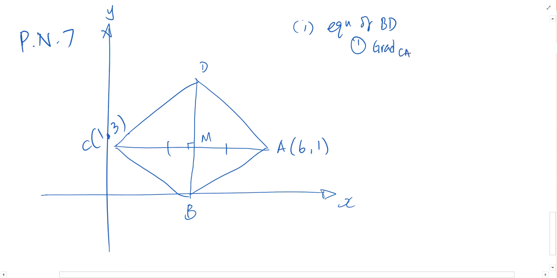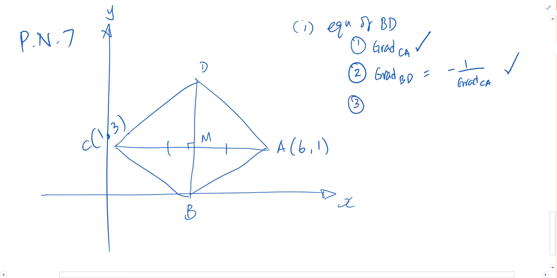Gradient of CA, yes? All of you able to find gradient of CA? Okay, so once that is done, what do we want to find next? Okay, so gradient BD equals to -1 over gradient CA, right? So we can find this. Okay, so what if you get gradient of BD?